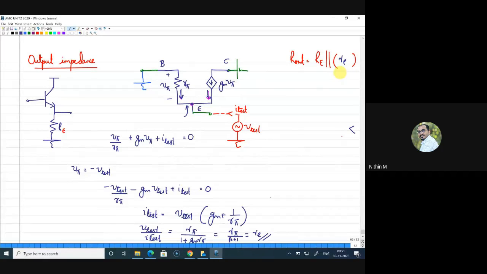I think some others you are getting, yeah, re is the answer. Small re will come in parallel to capital RE. But I didn't get the other part. Some of you got it is 1 by Gm parallel R pi parallel RE. You may need to check that once. All right. So this is the output impedance for a common collector. So with this, I'll wind up for the day and I can take questions now.